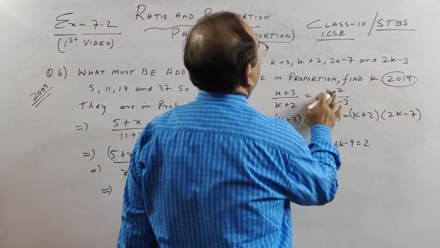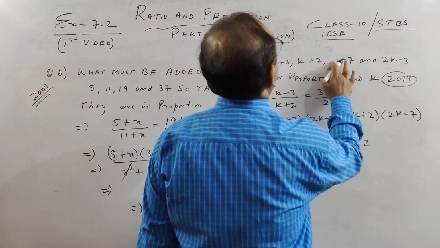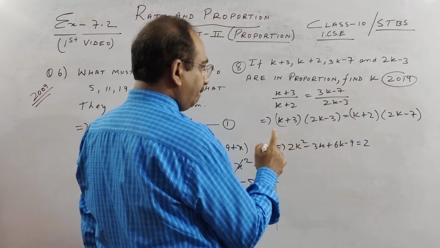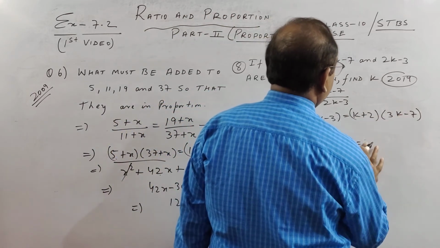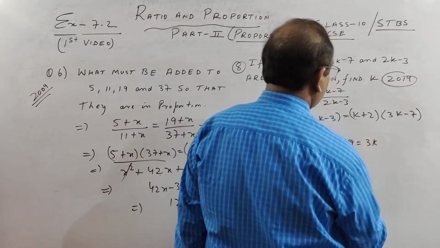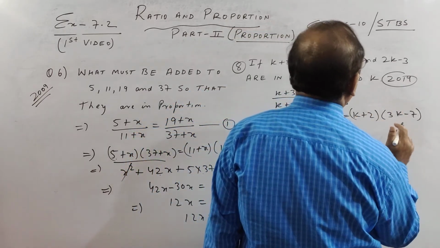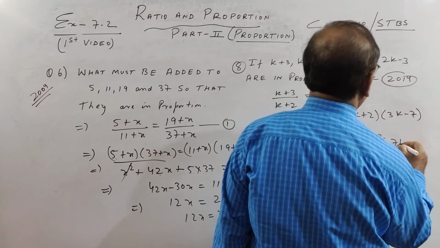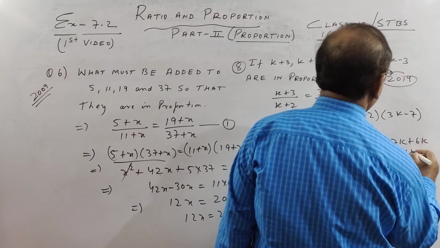If you see, this is not 2k, this is 3k. Now if you multiply, this will be 3k square, because I remember you will get a quadratic. If you get 2k square, it will cancel. So I remember that it should give you a quadratic equation. 3k square minus 7k plus 6k minus 14.